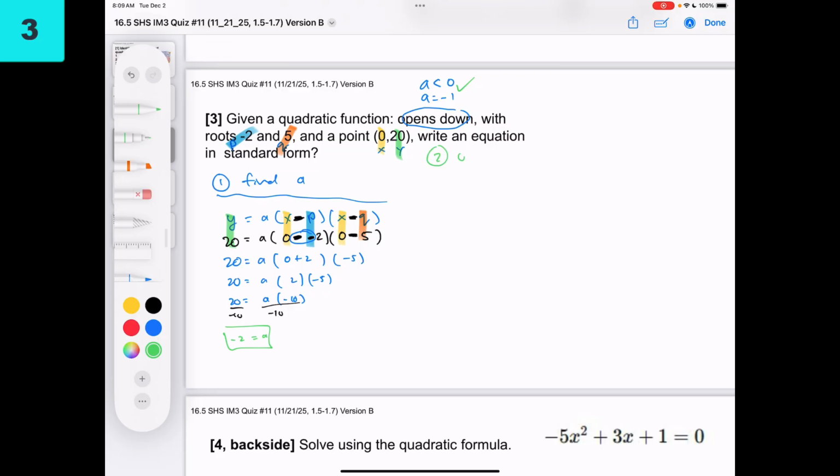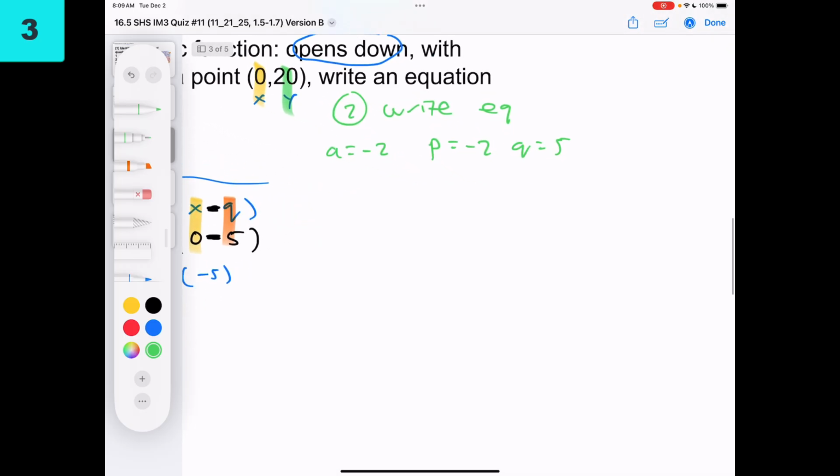Okay, second thing now, we're going to write our equation. When we write our equation, I'm going to use A is -2. Pay attention, P is -2, and then Q is 5. So I'm not going to use the X and the Y. Write out your form.